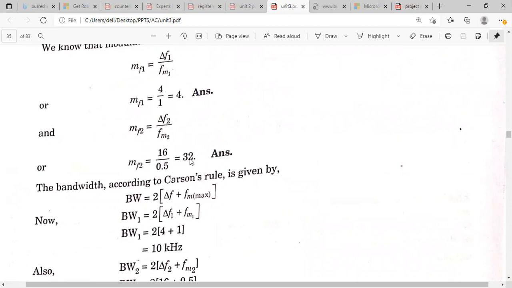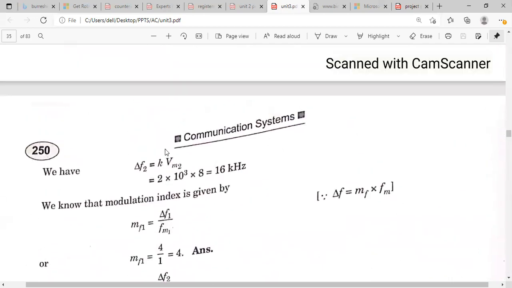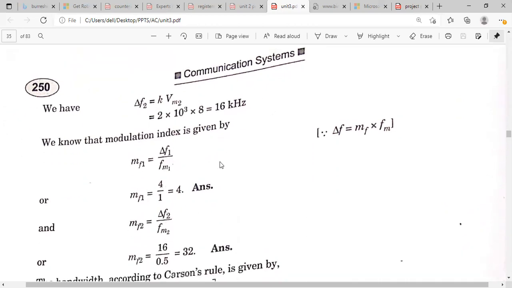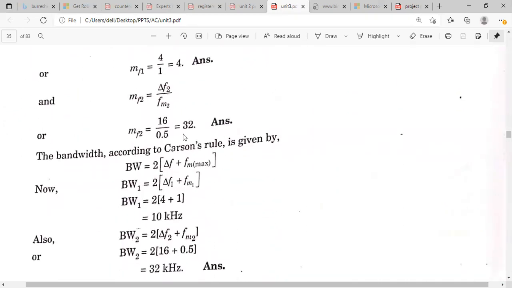To calculate the modulation index, that is delta F by FM, and FM is given as 0.5 kHz, and you have to calculate the delta F2 value. The voltage is raised, so delta F will be increased also. So you calculate delta F2, and from that you can calculate the modulation index.